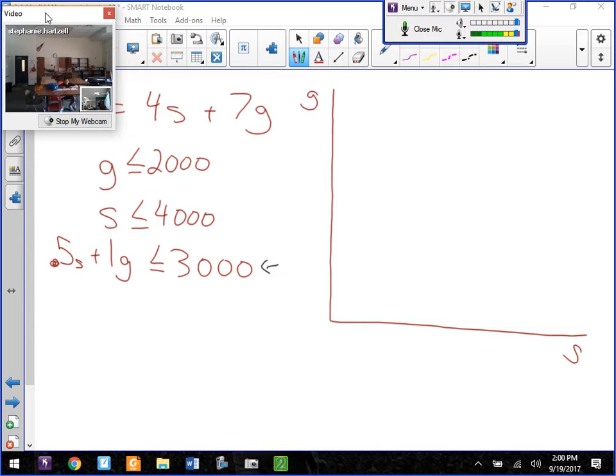I bet at least 4 or 5 of you wrote 15. And then you go back and realize, oh, that doesn't work. It's one of those silly mistakes that happens. Be careful with that. So I know that I'm going to have an S-intercept at 6,000. That gives me a G-intercept by cover and solve at 3,000.